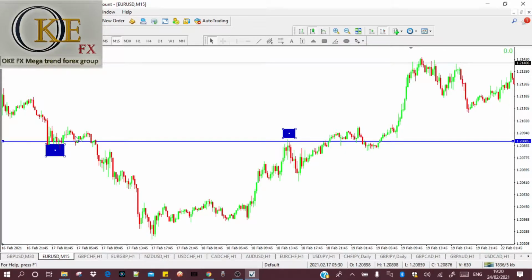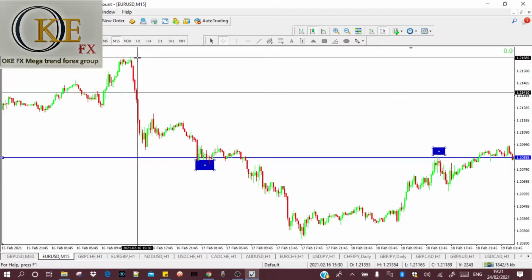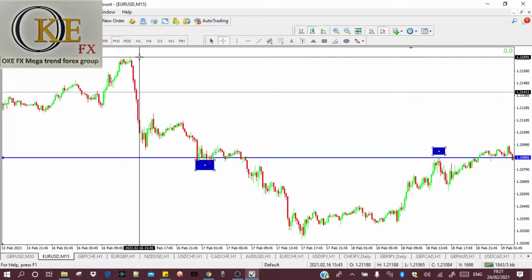That's trading from zones, or treating support or resistance as an area, a zone, and not just as a line. You understand? So now, prices were falling from somewhere around here, which is 1.21691.